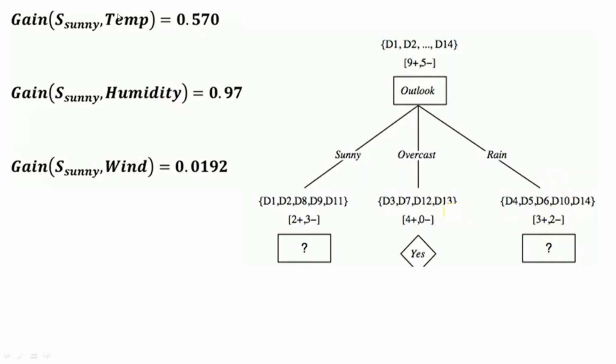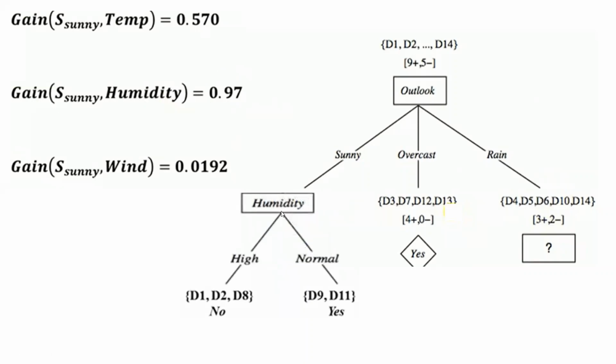So ultimately, humidity with 0.97 is having the greatest information gain. We need to add it here. If you consider humidity high, we have 3 negatives; normal, 2 positives. These are the class labels which replicate high with humidity, and these are the class labels which replicate normal with humidity.